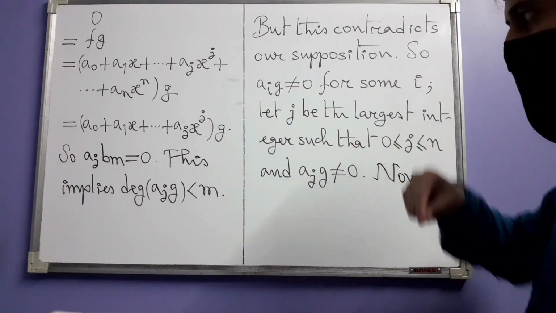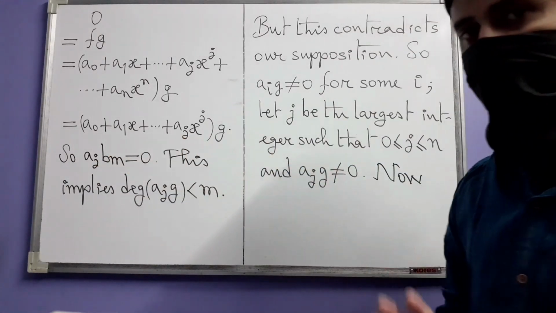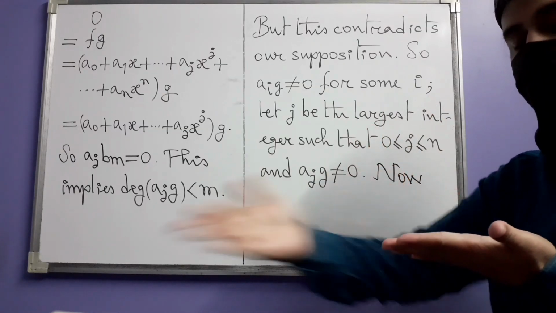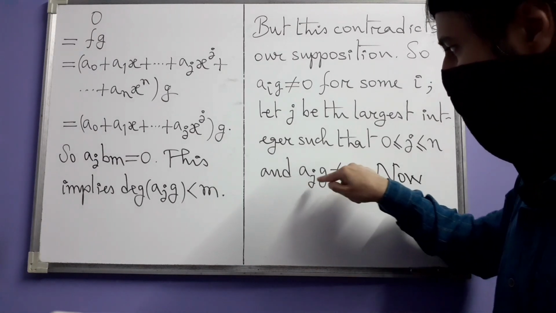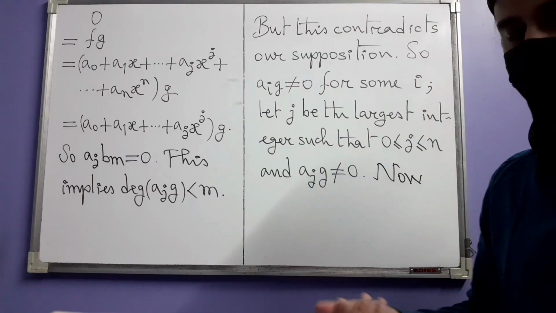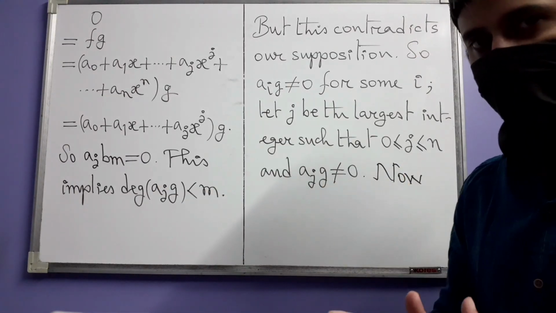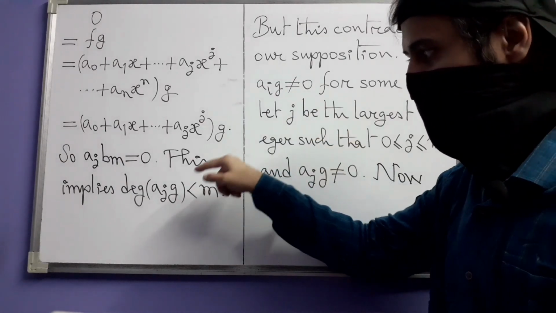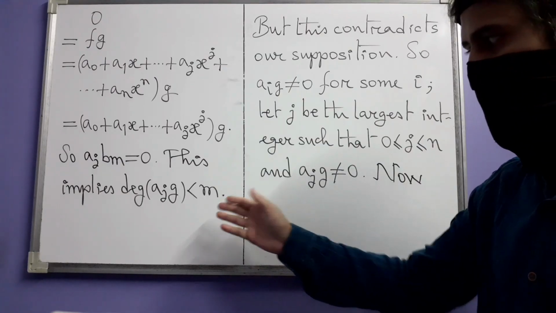But in that, the leading term, because a_j b_m is equal to 0, that term is not there. The other terms are there, and that is why multiplying g by a_j reduces the degree. By how much we don't know, but it is no longer m. We can talk about the degree because the polynomial is non-zero, and at the same time the degree has gone down. It is something less than m, but it's not equal to m.